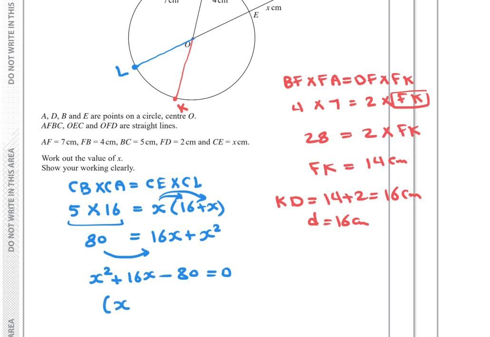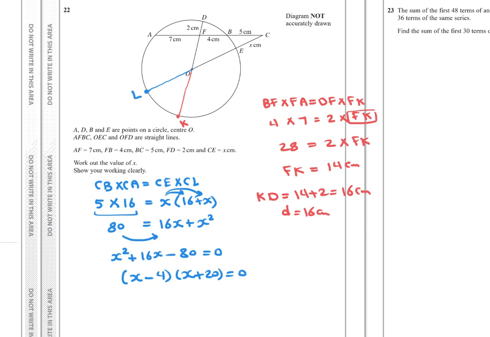So (x minus 4)(x plus 20) equals 0. Now to solve for x, if x minus 4 equals 0, this means x equals 4, and the other value, x plus 20 equals 0, this means x equals negative 20, but this is rejected because length cannot be negative, so x equals 4.